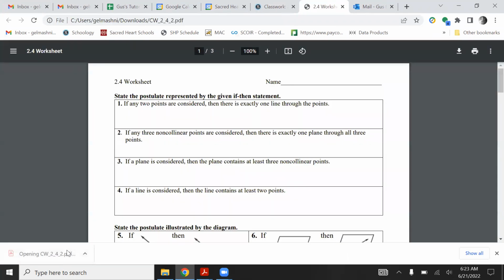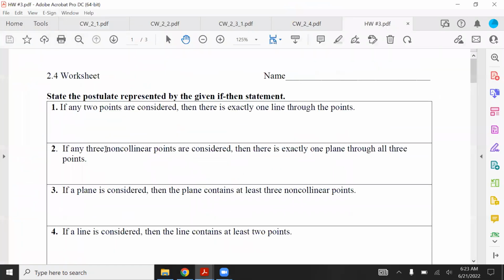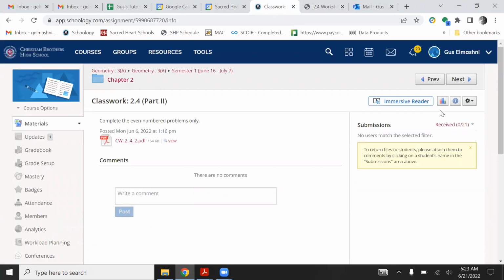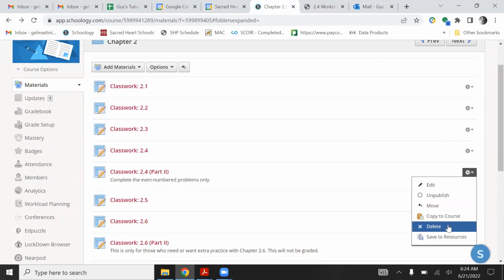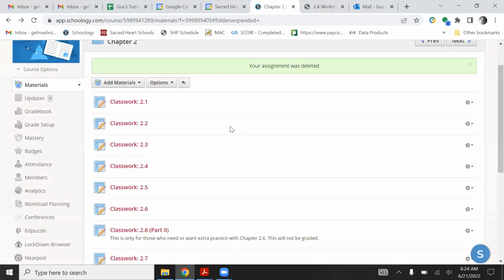Don't think I have that sheet, but that's going to be homework, I think. Yeah, that's homework. So let me remove that so it's not confusing. Let's go back. Delete. There we go. Okay, so 2.1, 2.2, 2.3, 2.4.